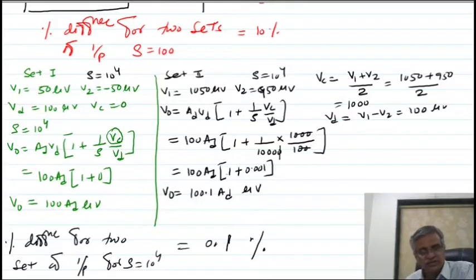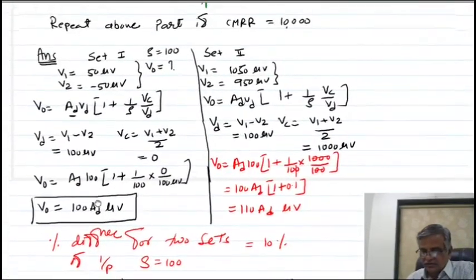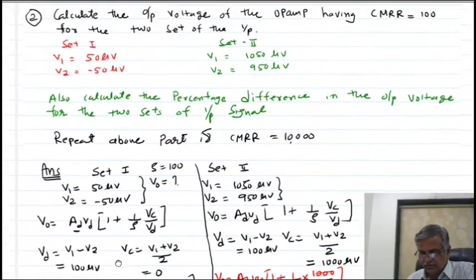So this numerical shows that if the CMRR is large, then for any set of the input voltage, your output is nearly proportional to only the difference of the input signal. I think you understand this numerical. Very simple, no need to repeat again.